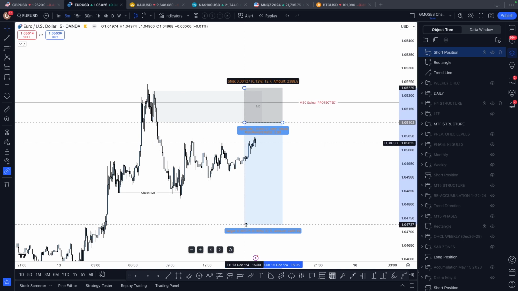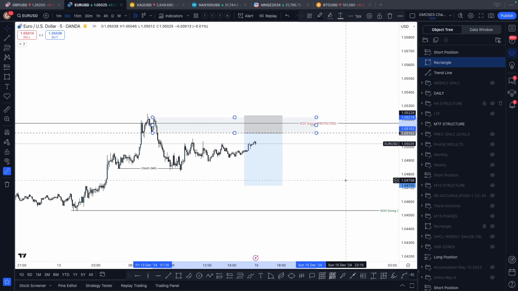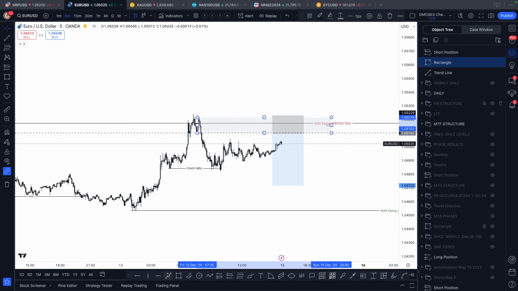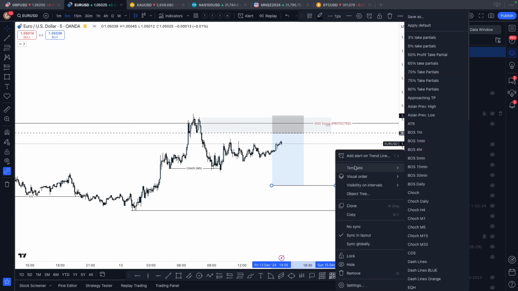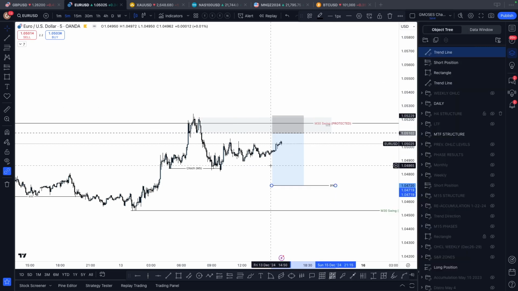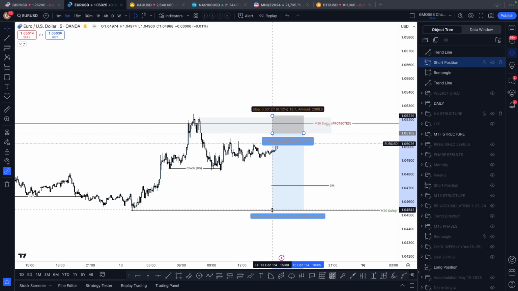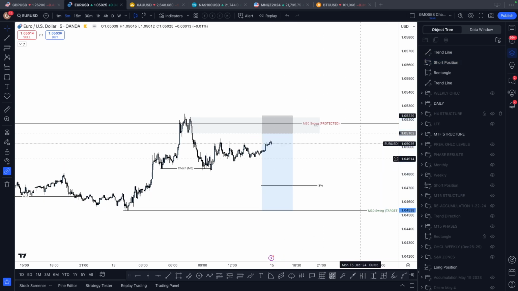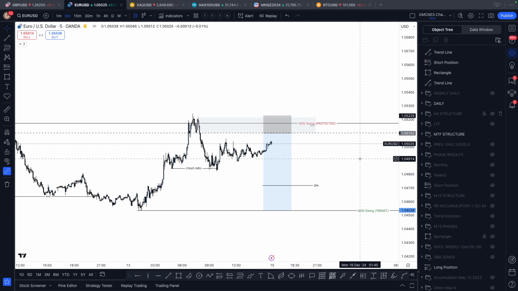This will be our first TP in this area here. We can utilize this for the first TP because we always like to do 1 to 3s for the first initial TP. And then for the final TP, we'll be looking to take out this area down here in the bottom here.